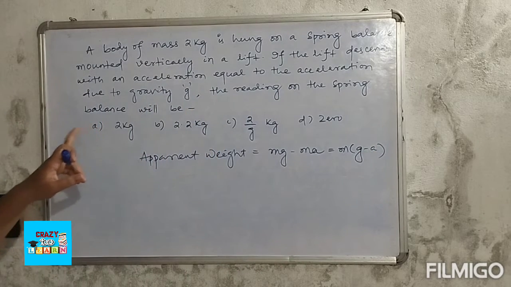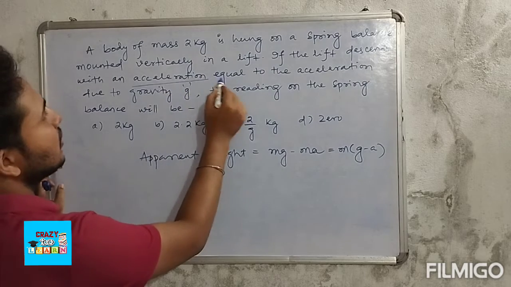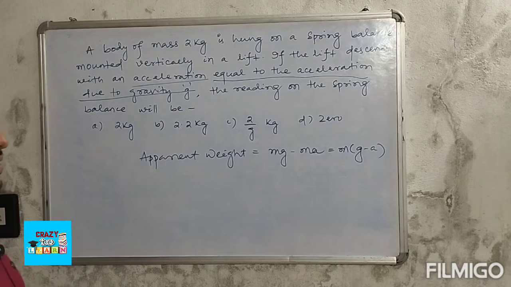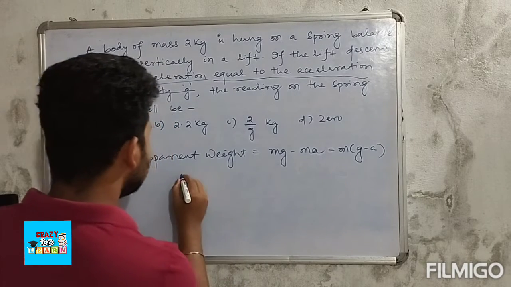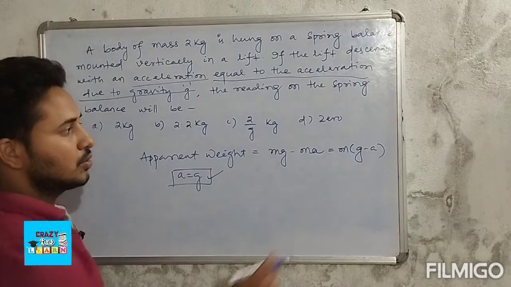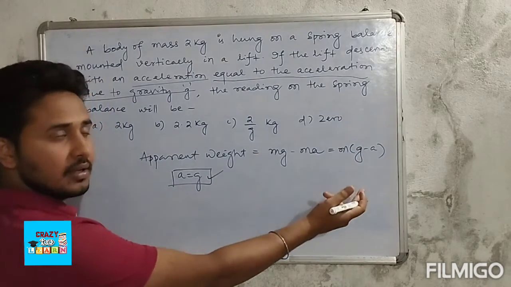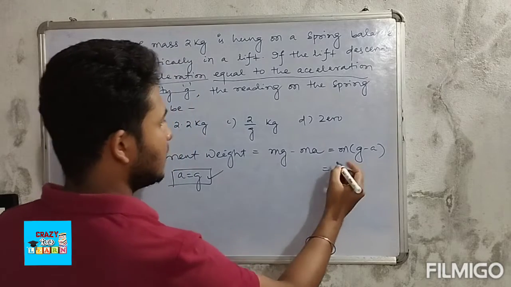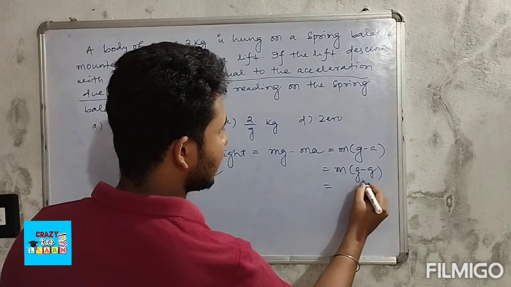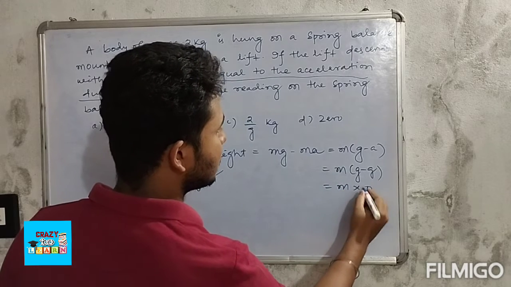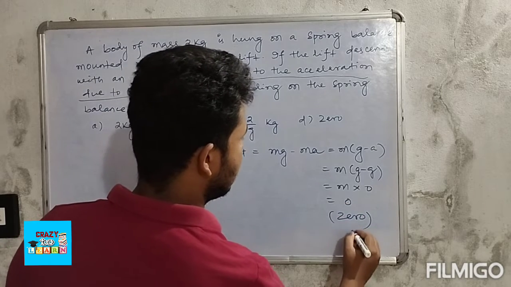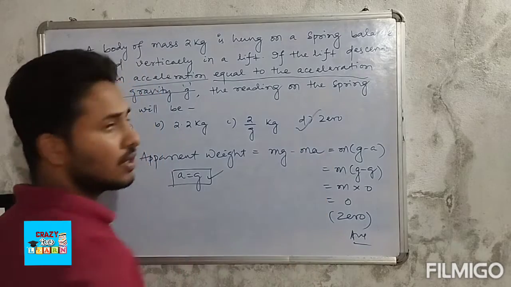So here it is asked, acceleration equal to the acceleration due to gravity. That means a is equal to g. So in place of a we can write g. So m into (g minus g) is equal to m into 0, which is 0. The answer is 0. Option D is the correct one.